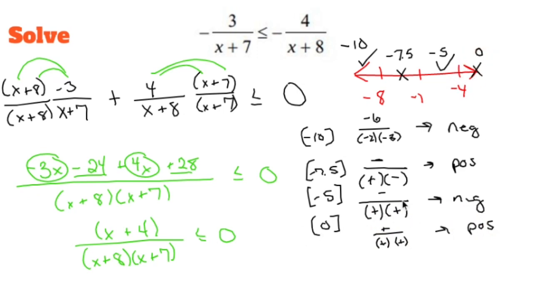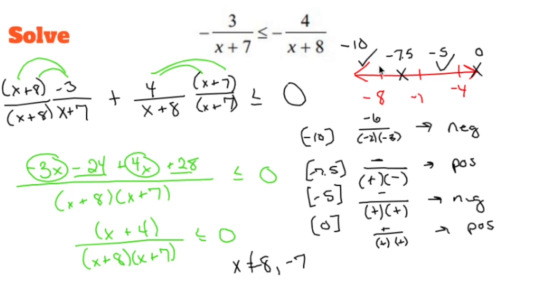Now, before I say what's what, one of the things I also have to keep in mind is that numbers like negative 8 and negative 7 are not allowed. Why? Because that would make this undefined.